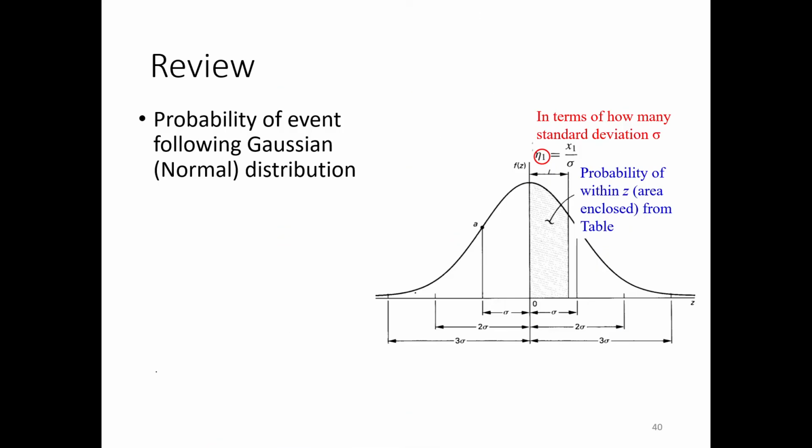So how can we make sure that we are calculating the probability? Something that you have to keep in mind is that the range of the integral was x1 over sigma. So if eta 1 is 1, it means that your x1 is equal to sigma.